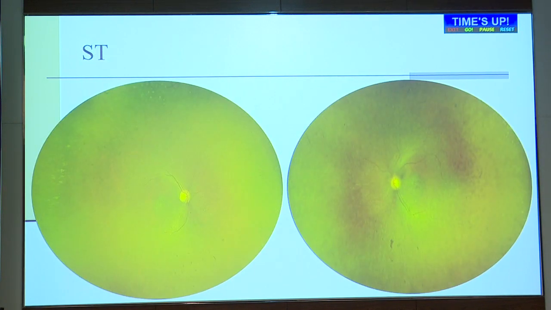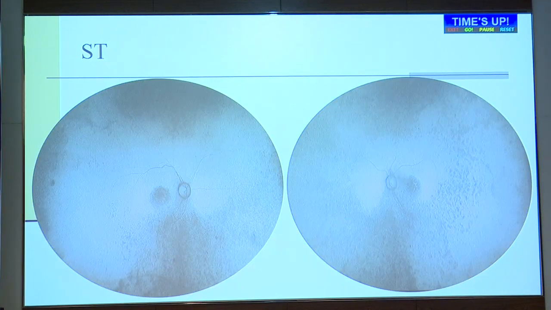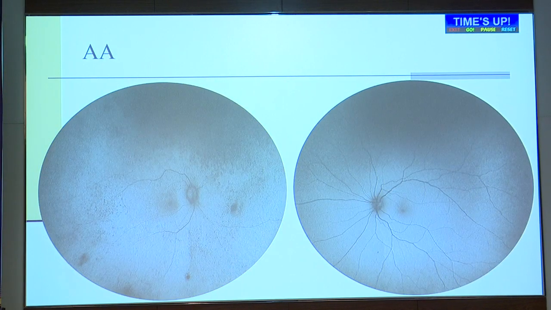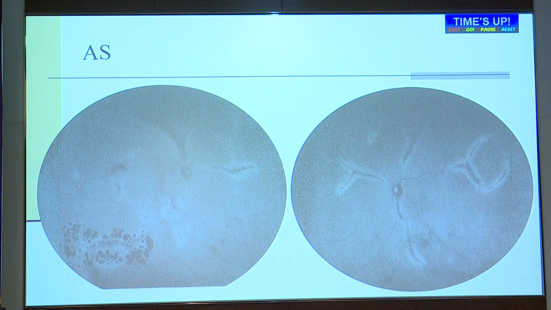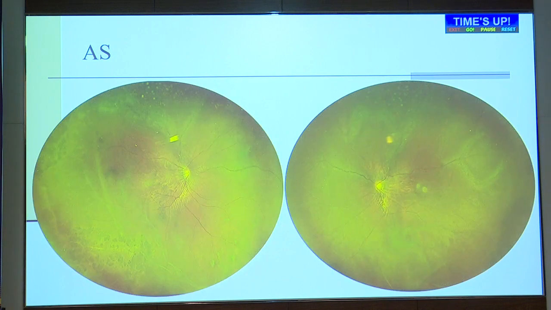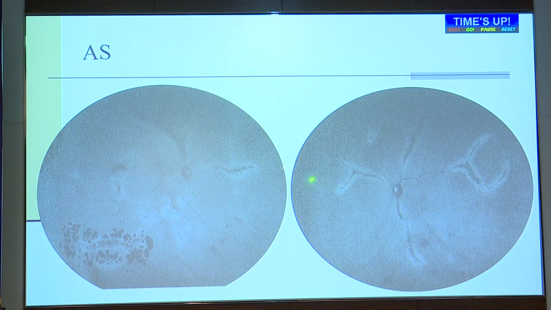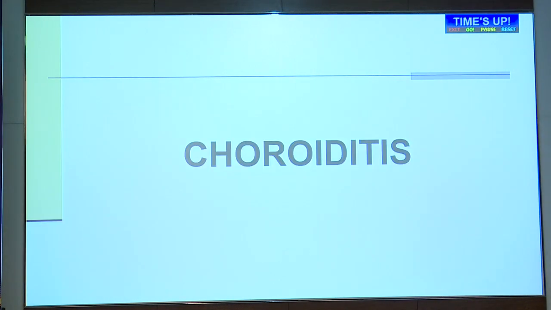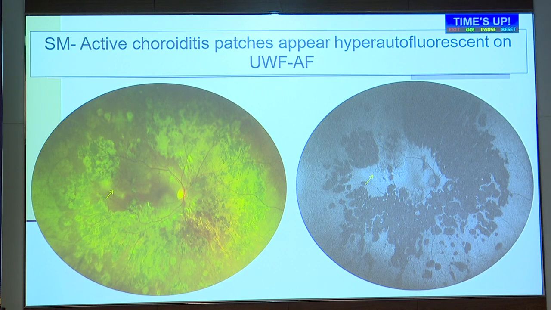Sometimes in very, very mild RPs, it's very helpful to do ultra-wide field FAF. Now this is a patient of PPRCA, and you can see it's very elegantly demonstrated here. You can see the atrophy around the veins.